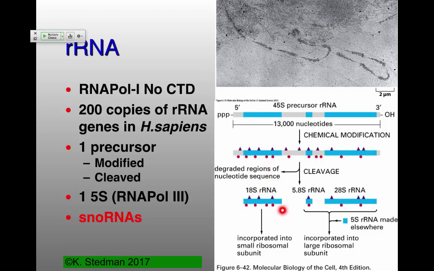And then these 3 ribosomal RNAs, which come from this precursor RNA, and then there's another small RNA, which is made by RNA polymerase III. All 4 of these RNAs come together to make the final ribosome. So we'll look at this modification here in just a second. It's these snoRNAs that are important for that. But before, I wanted to show you this really amazing micrograph as far as I'm concerned.